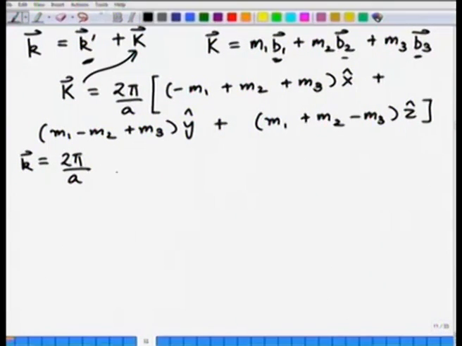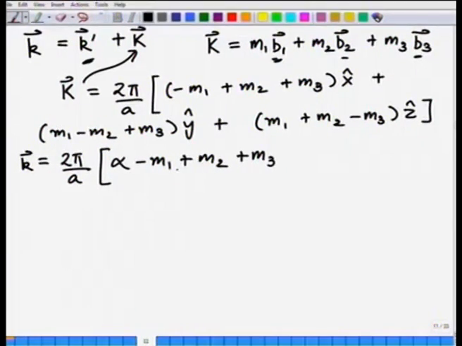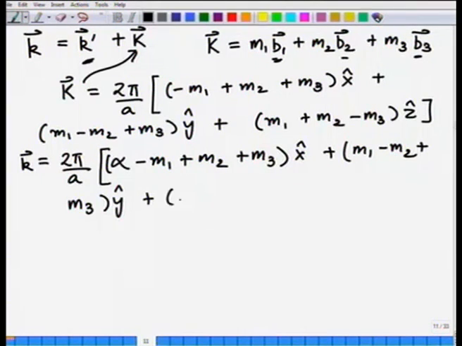In that case, k is equal to 2 pi by a times alpha minus m1 plus m2 plus m3 x hat, plus m1 minus m2 plus m3 y hat, plus m1 plus m2 plus m3 z hat.